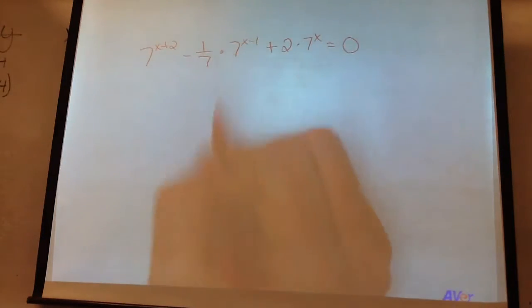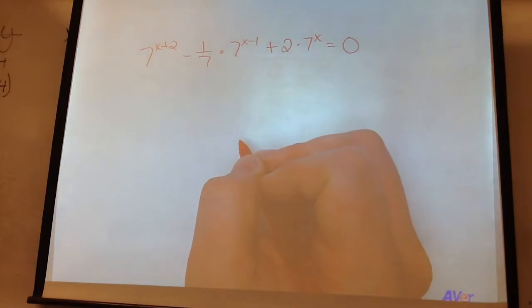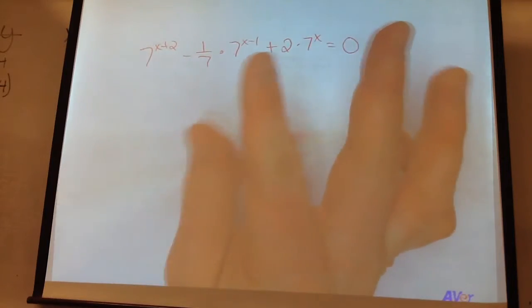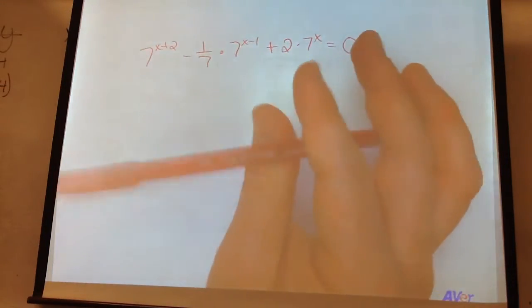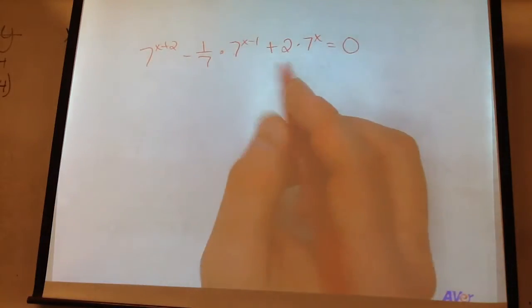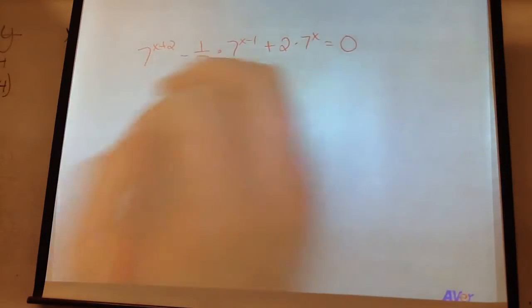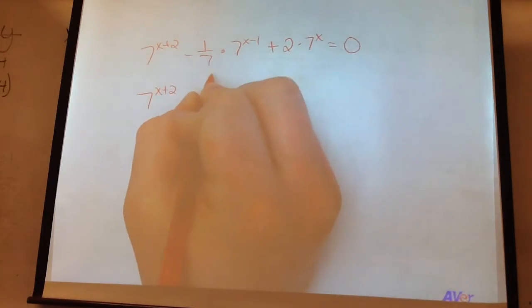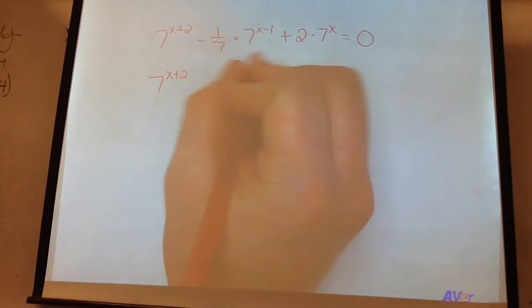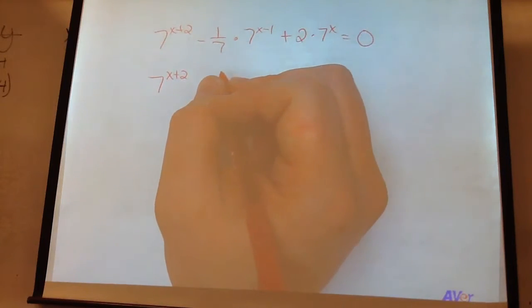Well, you can multiply those and add the exponents, negative 1. 7 to the x plus 2 power. Let's see, this is what's messing me up right here.